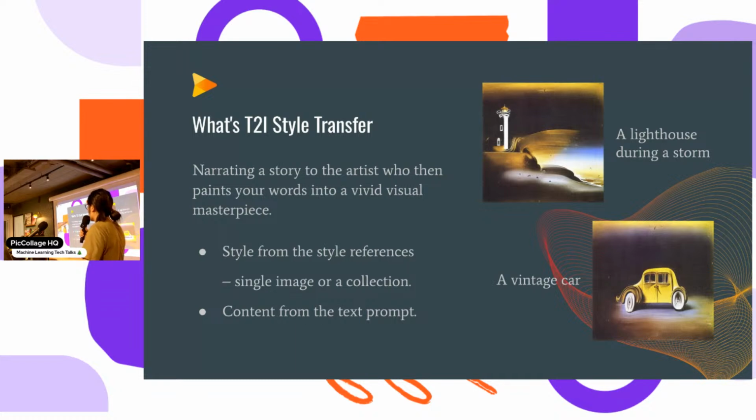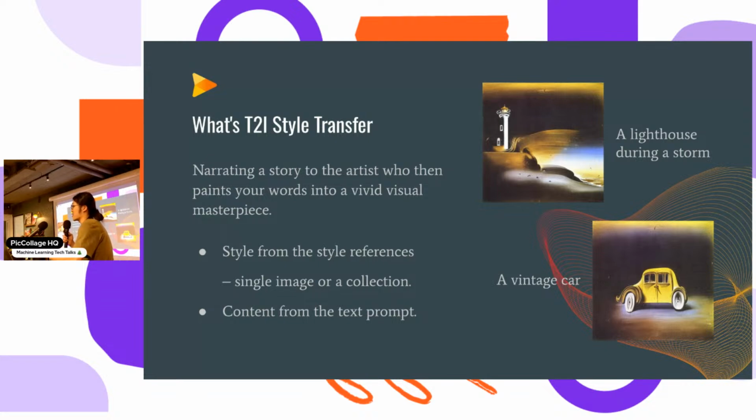So T2I style transfer can be built on 2 aspects. The first of all is the style. We can have a style from a style reference. It can be a single image, like a famous artwork, such as The Persistence of Memory, or the Starry Night, the Mona Lisa, or it can be a collection of paintings, like a collection of paintings of Van Gogh, Monet, or any artworks.